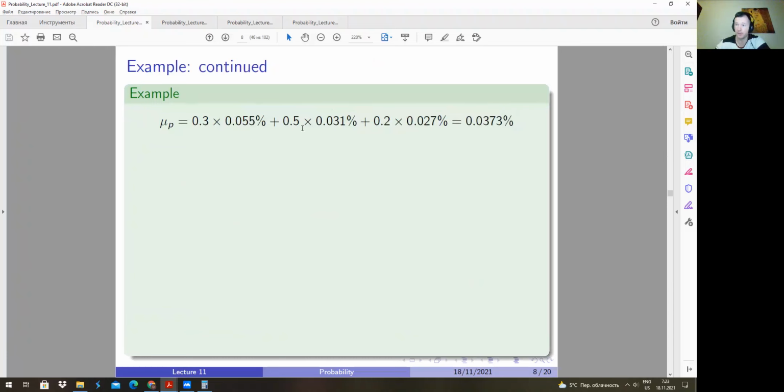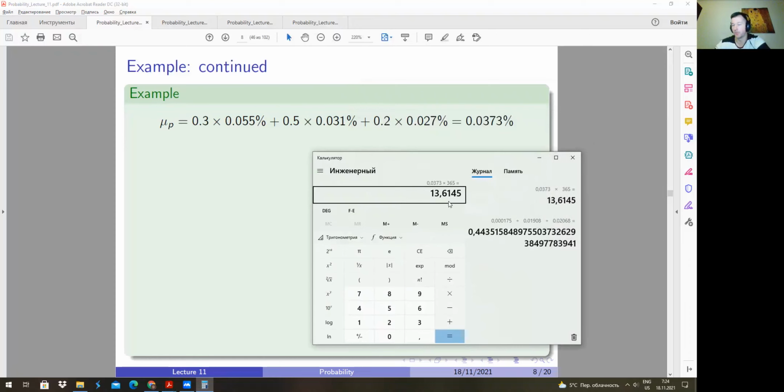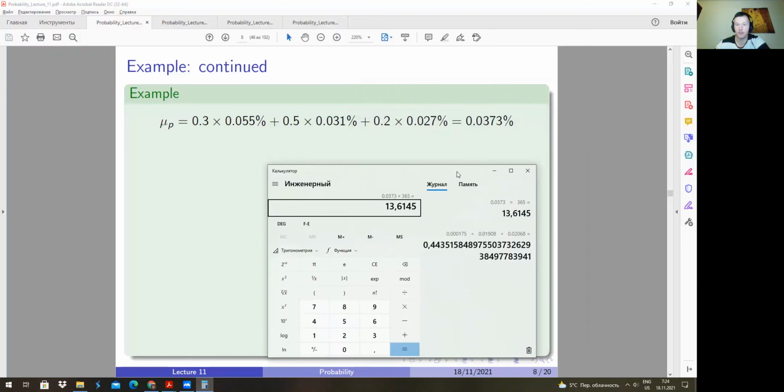I take the weight of BMW, multiply by the expected return of BMW. I take the weight of SAP and multiply by the expected return of SAP. And here is the expected daily return of my portfolio. So it's 0.0373%. If you think this is a small number, when I multiply by the number of trading days in a year, it's going to be something like 13.6, which is more or less nice for the European market.